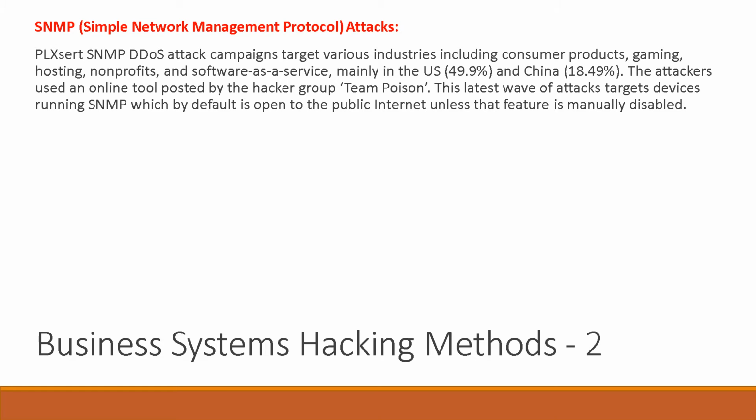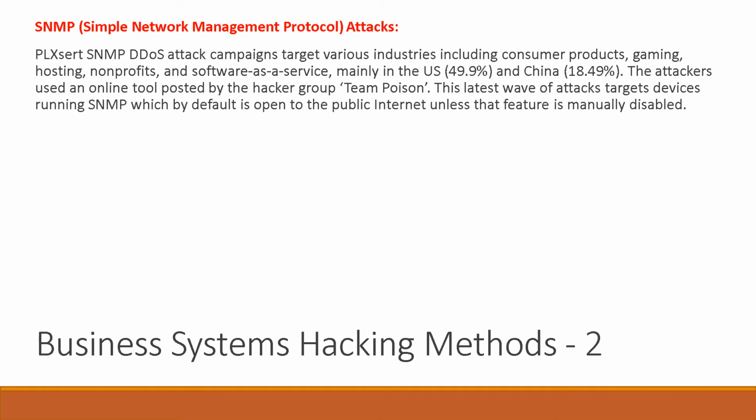Campaigns target various industries including consumer products, gaming, hosting, nonprofits, and software-as-a-service entities, mainly in the USA, where 49.9% of these attacks occur, and China, 18.49%. The attackers use an online tool posted by the hacker group Team Poison.